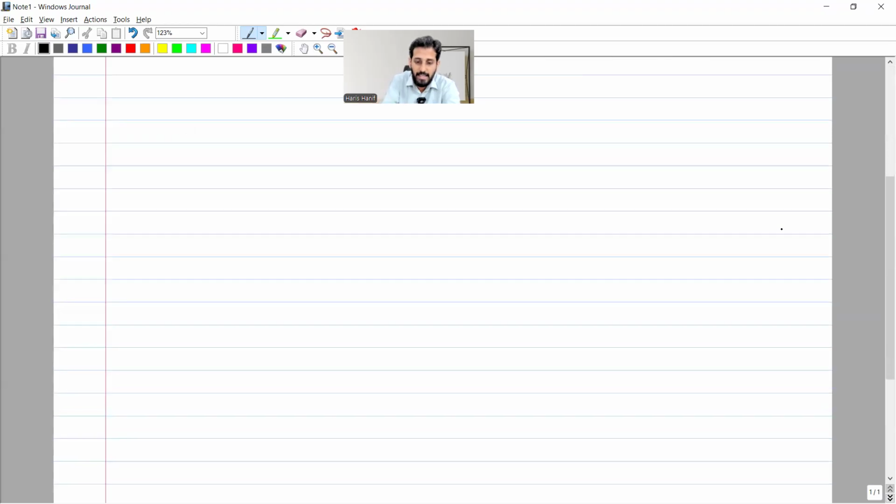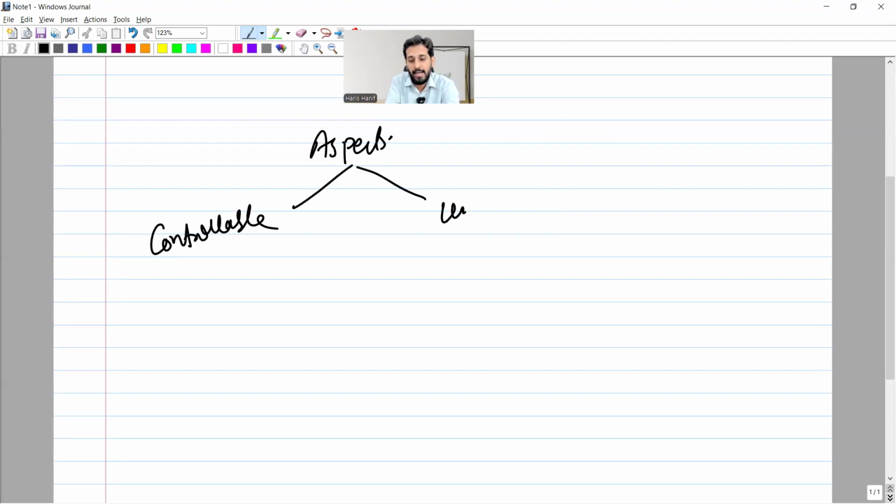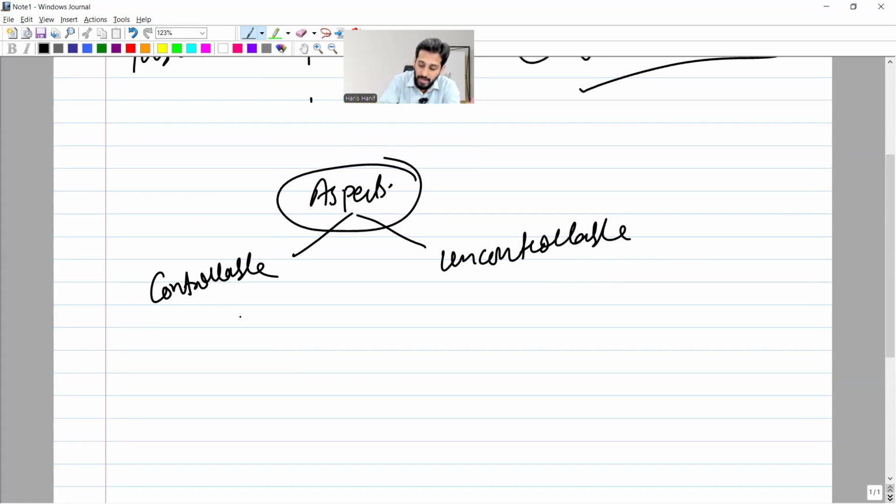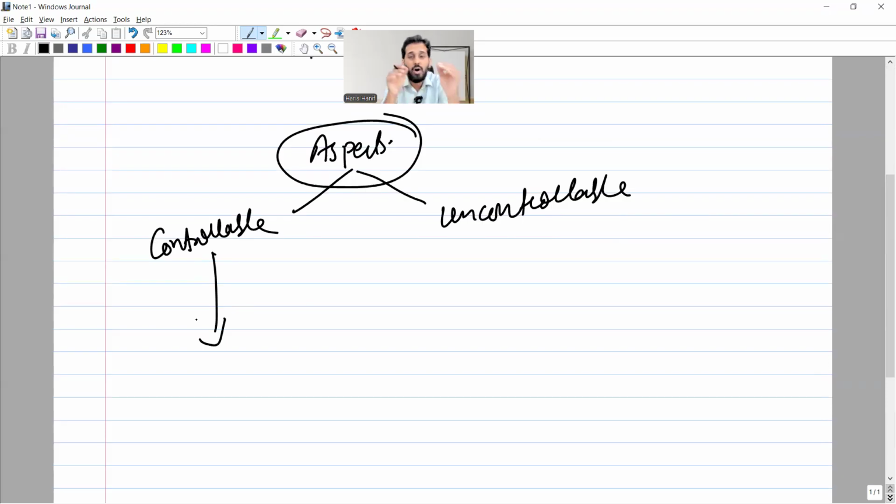Now let's see that there are two aspects. One is controllable and another one is uncontrollable. Now, what is the identification criteria of controllable and uncontrollable factors? Controllable factors are those factors on which you have to take the decision. So in a shortcut way, I'm writing that it is the decision making criteria, decision making aspect.